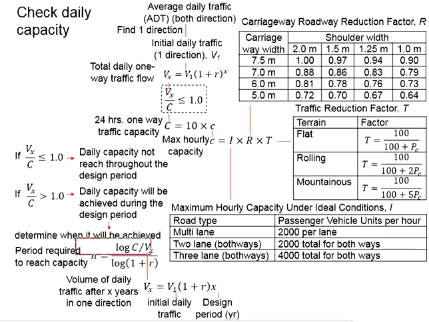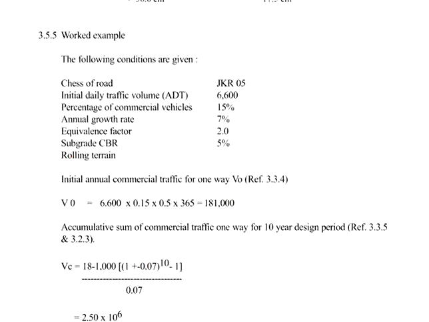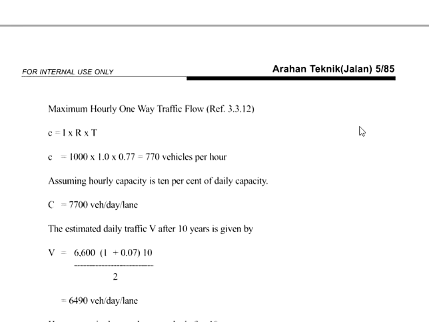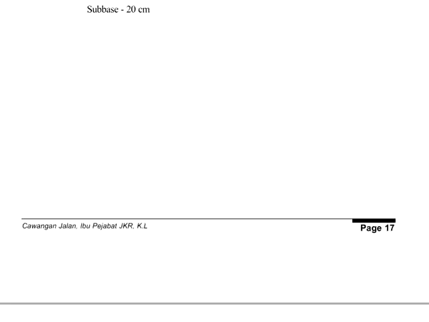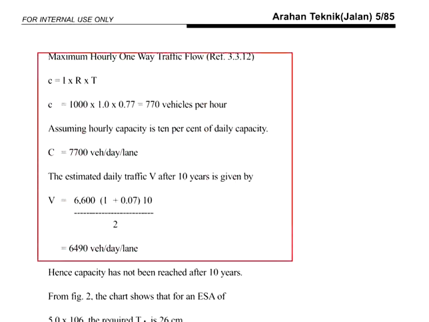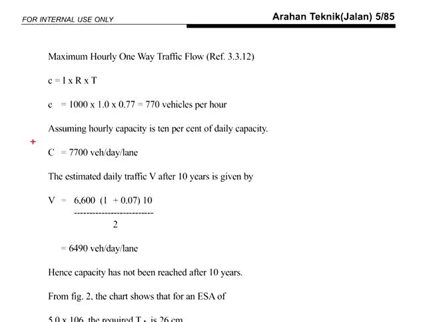Now if you are using the equation here, I recommend you do some cross-checking first on whether the format of the equation is correct. In fact, the Arahan Teknik provides a worked example demonstrating how to use the equations given in the Arahan Teknik. Now, if you refer to the calculations here, the traffic capacity is calculated and the estimated daily traffic is also calculated.